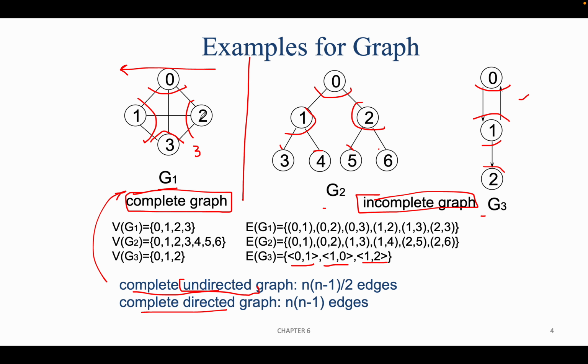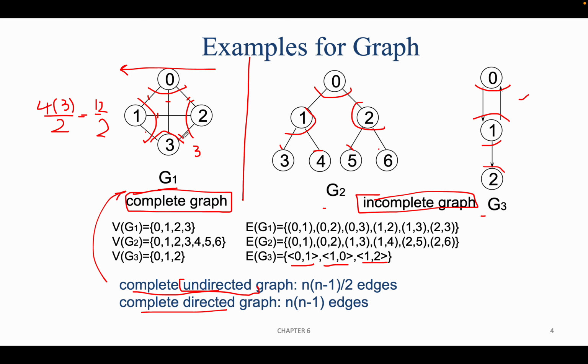It will be n times n minus 1 divided by 2. So n is 4, n minus 1 is 3, and then divided by 2. So how many is that? 6, right? Okay, let's count: 1, 2, 3, 4, 5, 6.